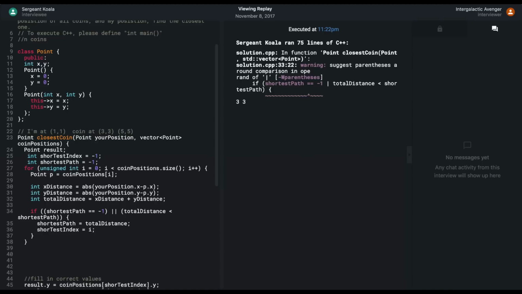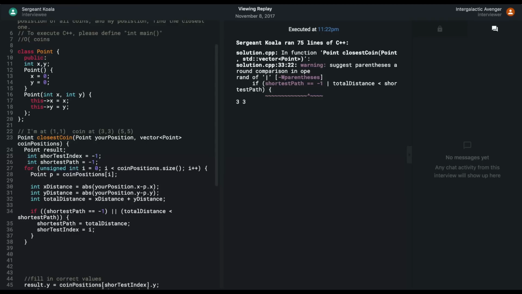So that's constant time. So I guess this algorithm would run in O of n time, where n equals the number of coins on the board.